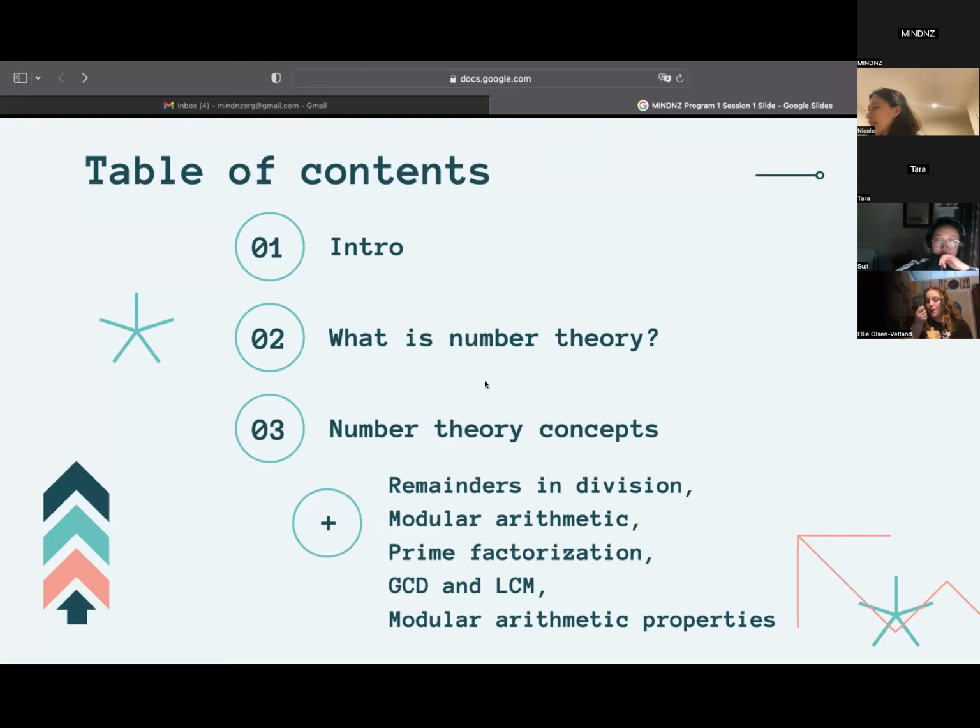Hi, Julie. So what is number theory? And then third, we'll talk through a few number theory concepts. That would be remainders and division, modular arithmetic, prime factorization, greatest common divisor, and lowest common multiple, alongside some other properties of modular arithmetic.